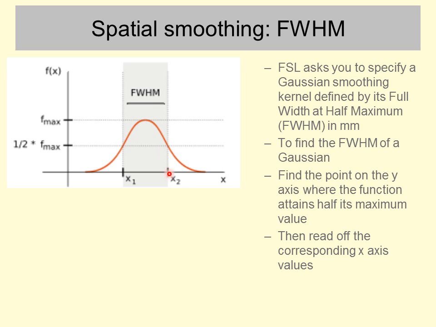That gives us two values at which the Gaussian is half its maximum in terms of the x-axis, which is space, and the difference between x1 and x2 is therefore the width of the Gaussian at half its maximum, and that's the number you're specifying in FSL. The number is that width. So the smoothing is actually broader than the width you give, as indicated by the rest of the Gaussian curve.